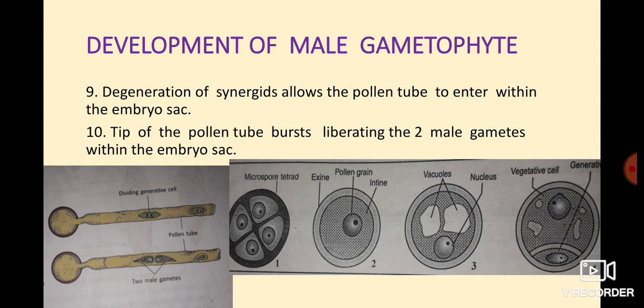The tip of the pollen tube bursts, liberating the two male gametes within the embryo sac. After piercing so much, after giving so much pressure, ultimately it bursts, leading to the liberation of the two male gametes. I have given some pictures also, showing how the generative cell is dividing and how the pollen tube elongation is taking place. So just go through the pictures.